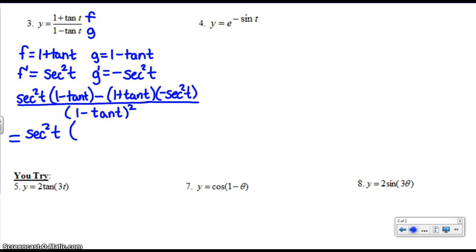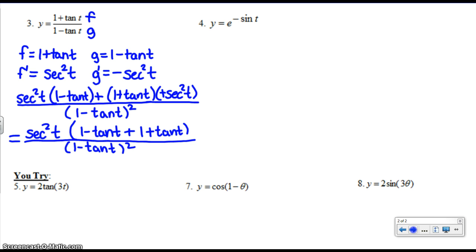And so for the first term, that leaves me with the 1 minus tan t. And I'm also going to clean up, I have a minus sign and a negative sign, which obviously will cancel each other out. So for the second set, when I pull out the secant squared, I'm left with a 1 plus tan t, all over 1 minus tan t squared.